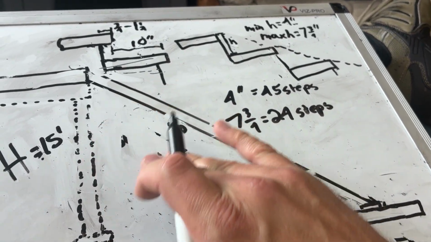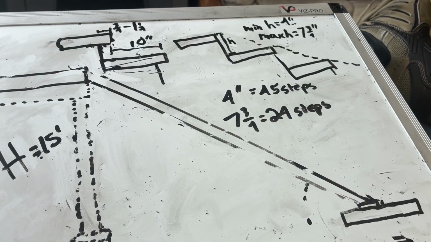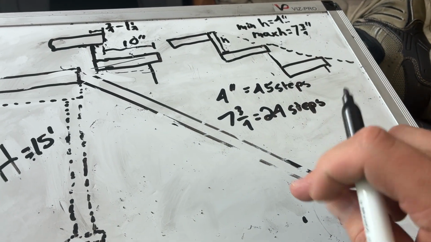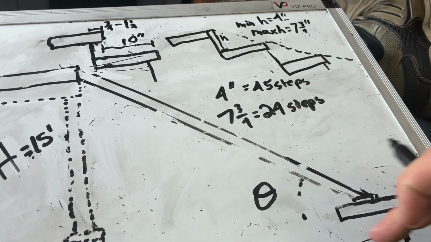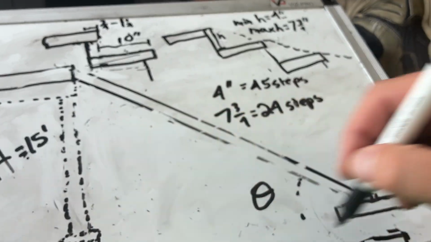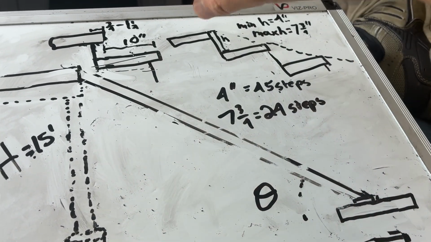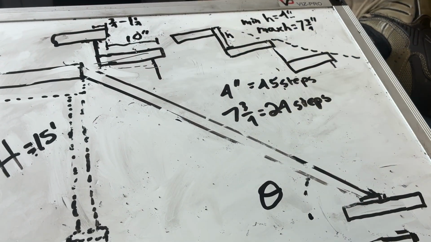All right, now all we have to do is figure out what this angle is and figure out what this length is. So once we have the number of steps, figuring out this length is easy because we can just take the number of steps and multiply it by the depth of each step, the tread depth, which is 10, right?